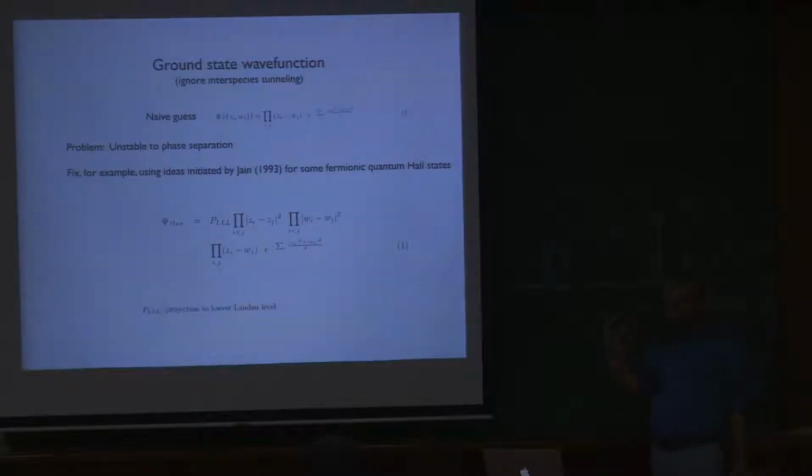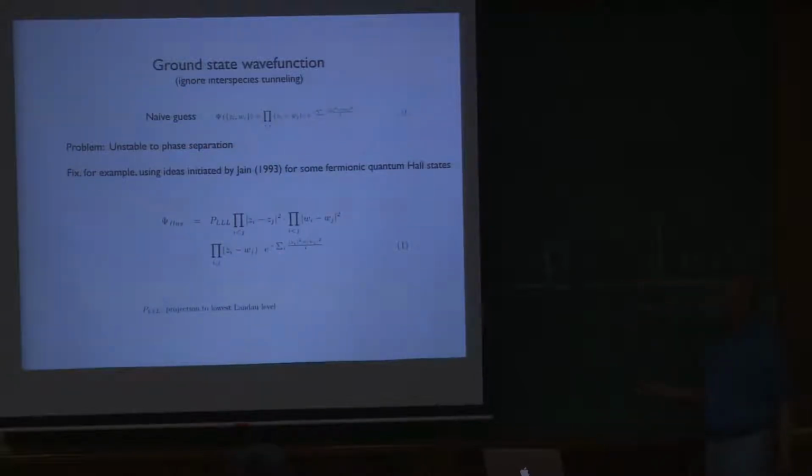And this is a well-known problem for wave functions of this type, known in standard fermionic quantum Hall states, say nu equals 2/3 and so on, for a long time. And Jane, who's a big expert, one of the pioneers of thinking about quantum Hall wave functions, long ago told us how to fix problems like these. Just include some other factors that build in this repulsion between bosons of the same species.